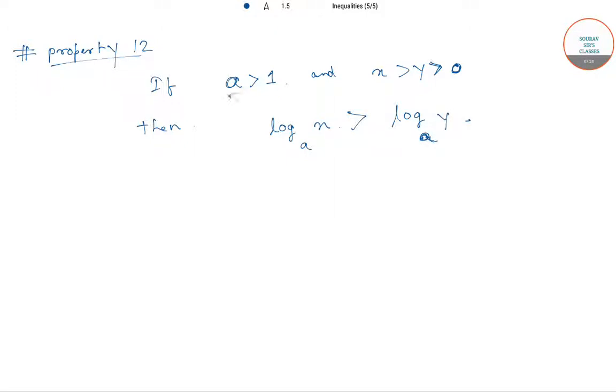So if a is greater than 1 and x is greater than y, which is greater than 0, then log base a x is greater than log base a y.